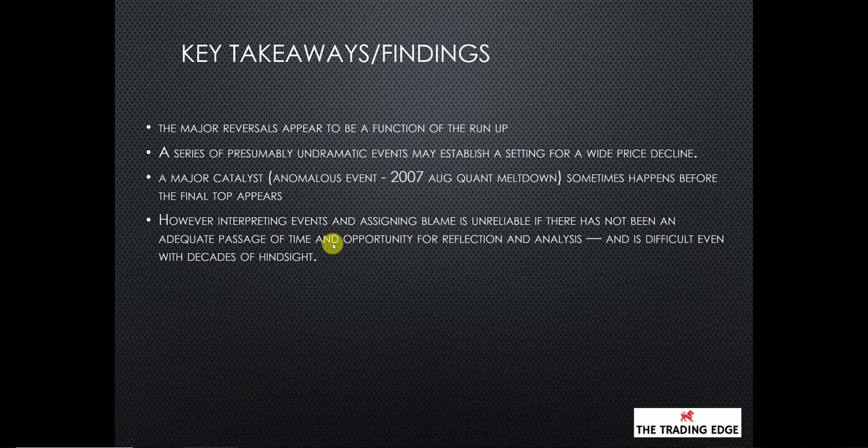Well, as I said before, interpreting events and assigning blame is unreliable, because even with the adequate passage of time and opportunity, it's still very, very difficult to assign cause. We all like to assign cause and determine causation, but even after analyzing some of these events, like look at 1929, that's 90 years ago, there's still people debating the actual cause of that particular crash, and there is no consensus.